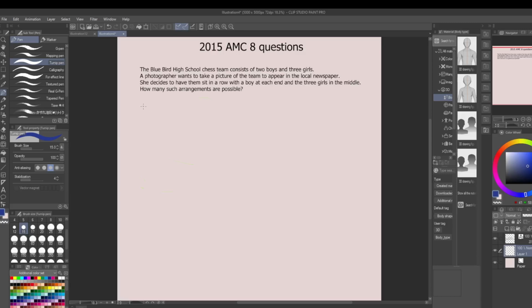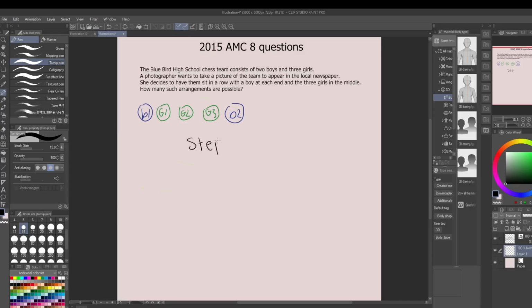So, let's say we have 2 boys at the ends and 3 girls in the middle. How many ways can we order this? For step 1, let's first focus on the girls.